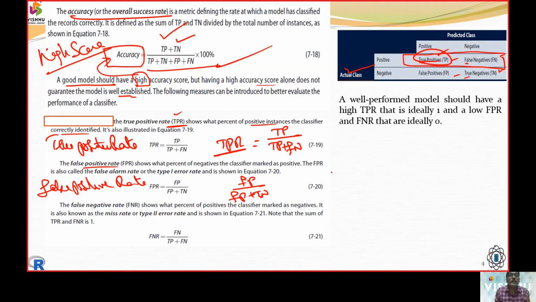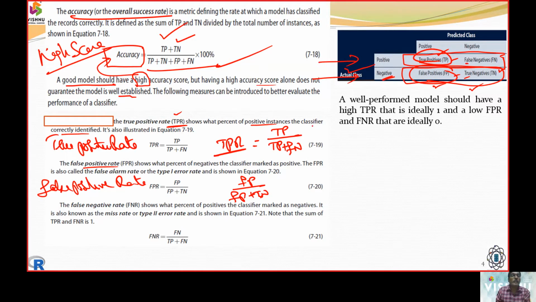So how do I get this value? I had a false positive, and to this false positive I look up the negative composition content: false positive, false negative, true negative. Okay, now I have taken the things in a horizontal way.